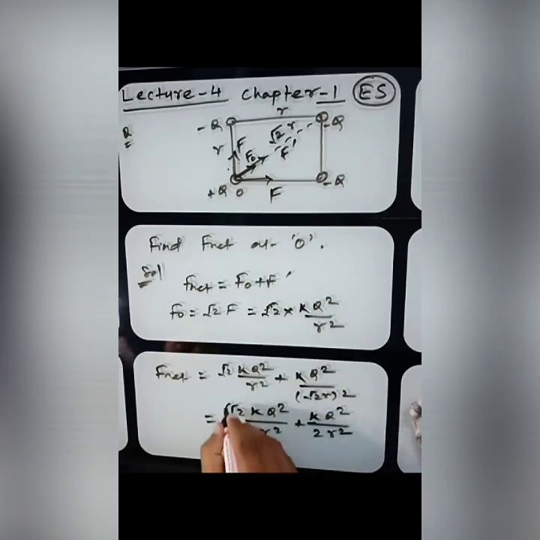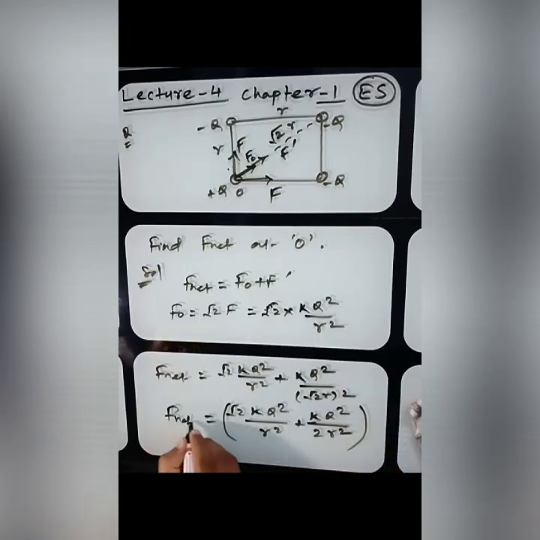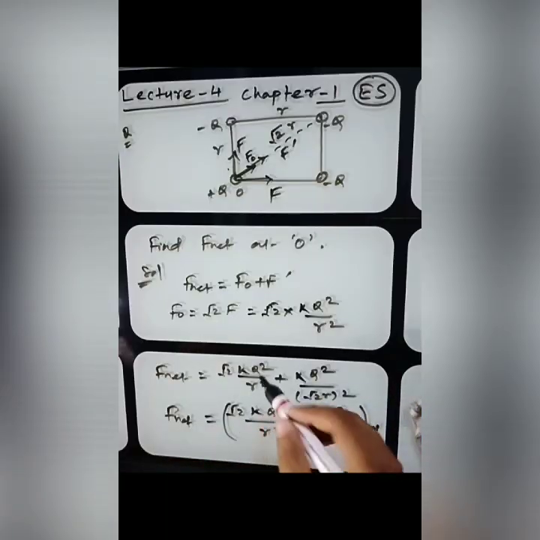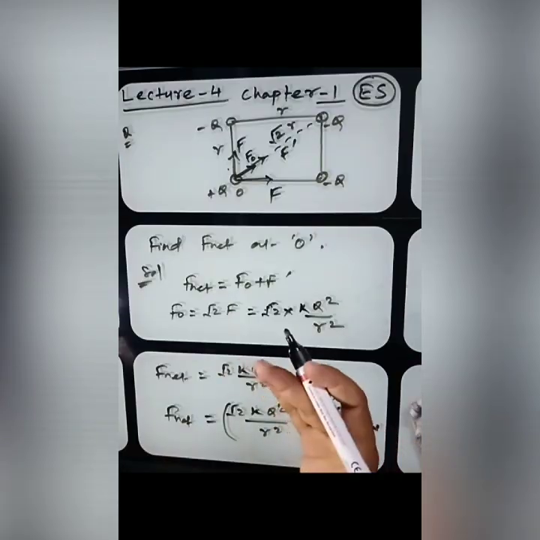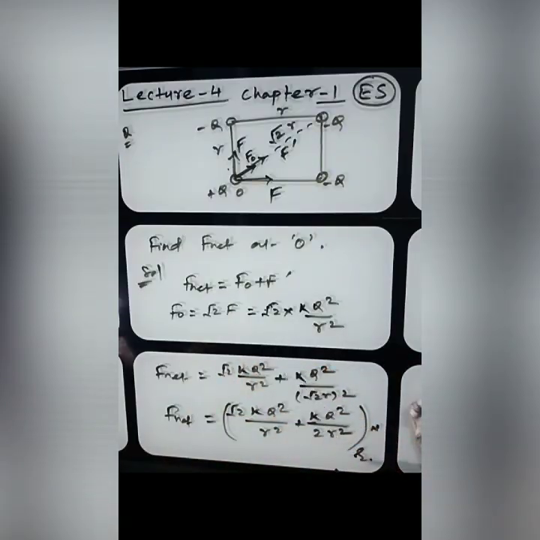Hope you are getting. Now you can solve this equation to find the net force. Okay, so this is easy. Even you can find the direction of this force also using the component method or the vector method. Okay, so in this way you can solve this question.